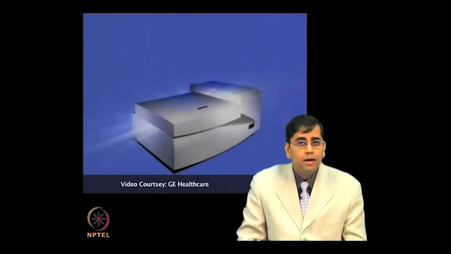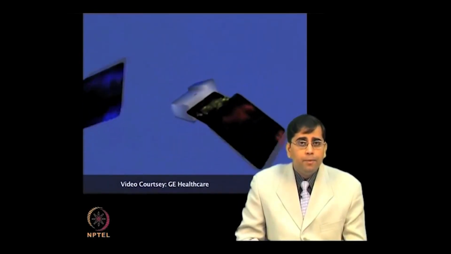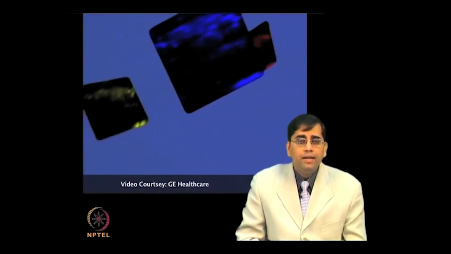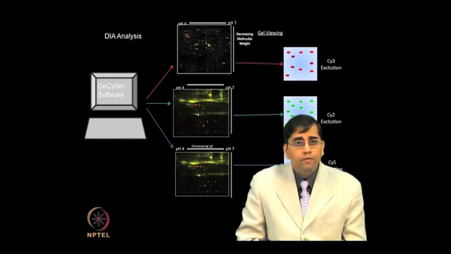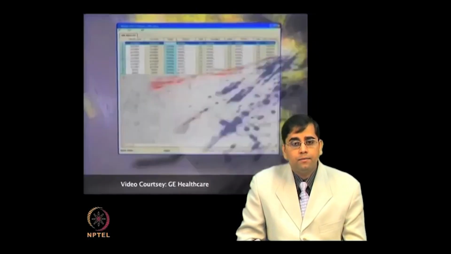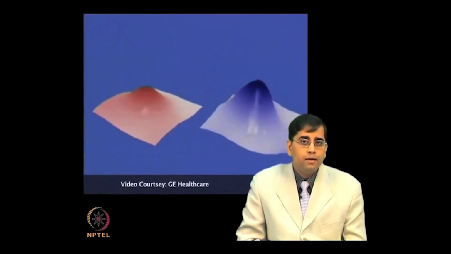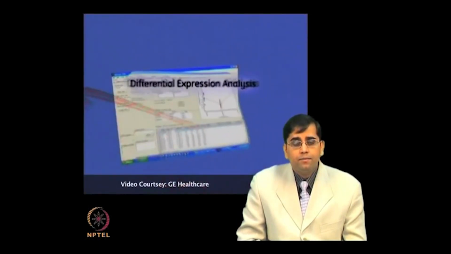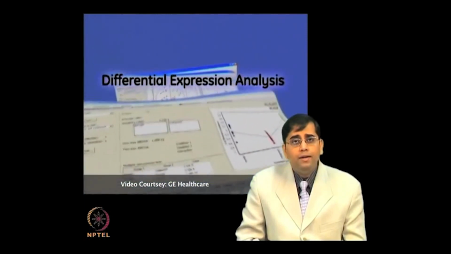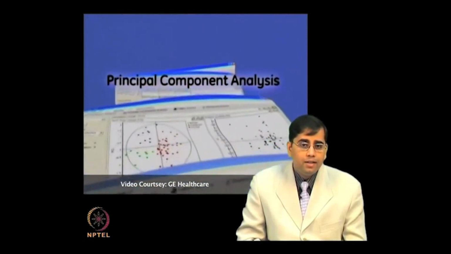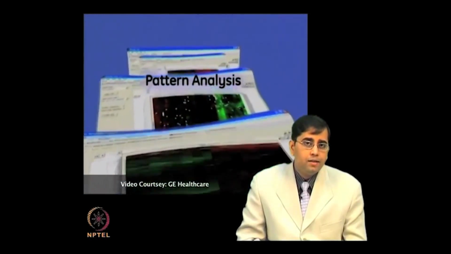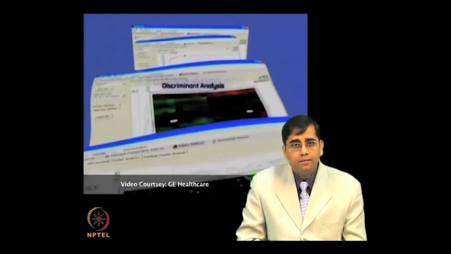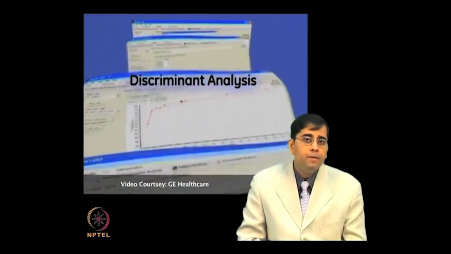The proteins are detected separately using the excitation wavelength specific to the different fluorescent reagents Cy2, Cy3 and Cy5. The commercial software such as DeCyder facilitate the automated analysis of dye gels and provide differential expression analysis, principal component analysis, pattern and discriminant analysis.